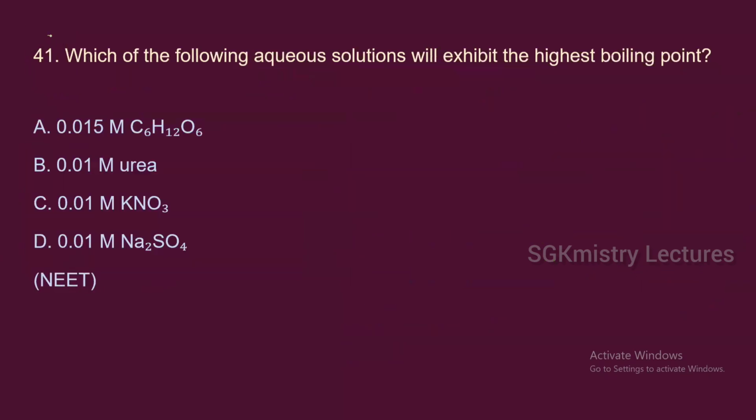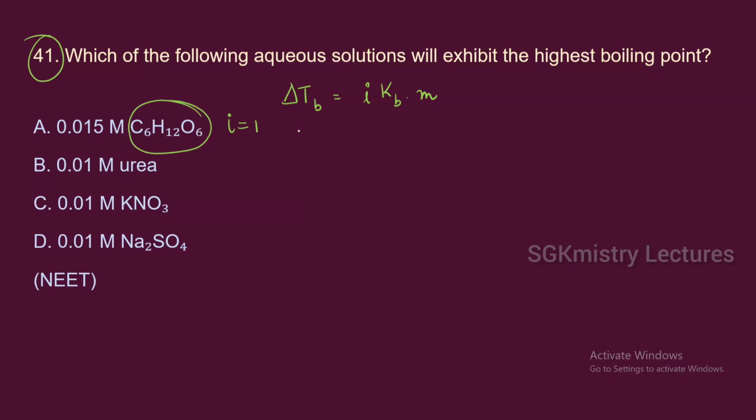So next, coming on to question number 41. Which of the following aqueous solutions will exhibit the highest boiling point? So we have the equation delta Tb is equal to i into Kb into the molality. Let us talk about i. In the first case, i is equal to 1, and this does not undergo dissociation or association. So i will be 1.